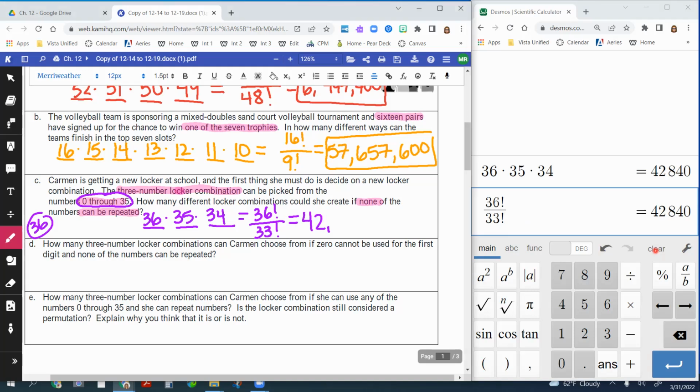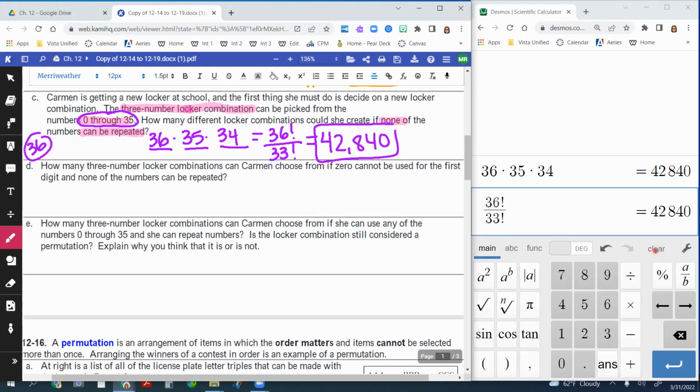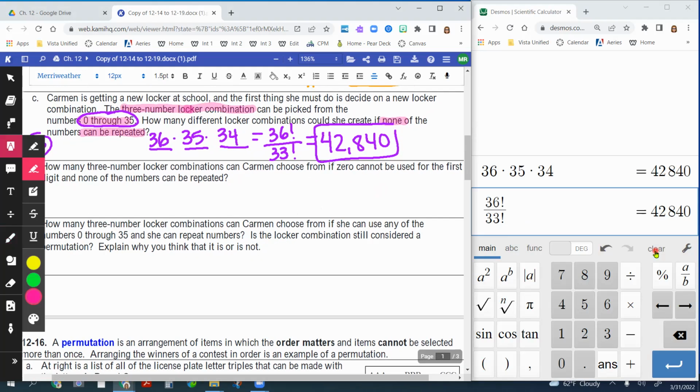So 42,840. On letter D, for this one it says, how many 3-number locker combinations can Carmen choose from if 0 cannot be used for the first and none of them can be repeated?